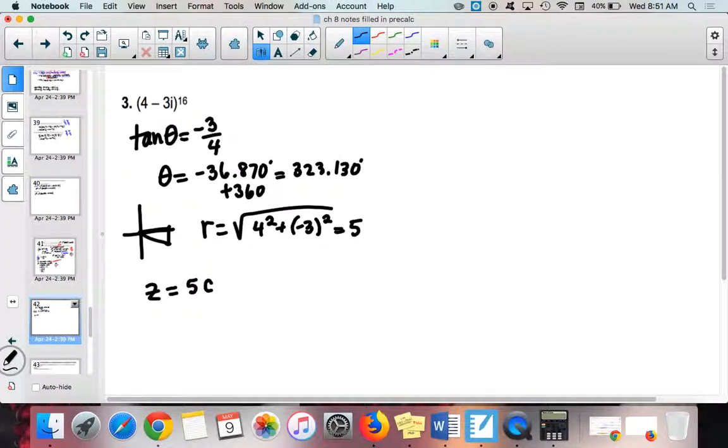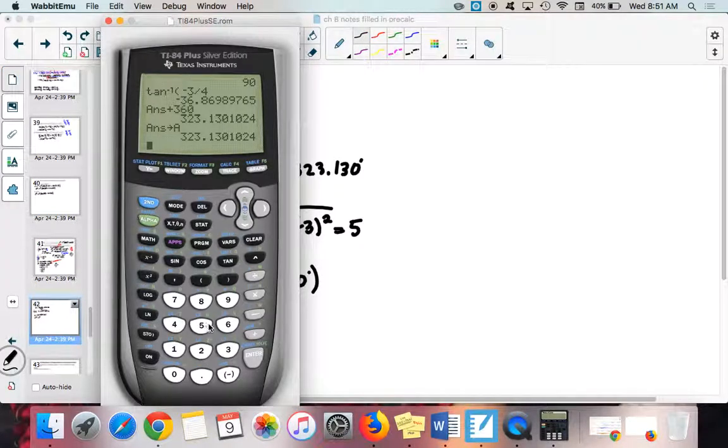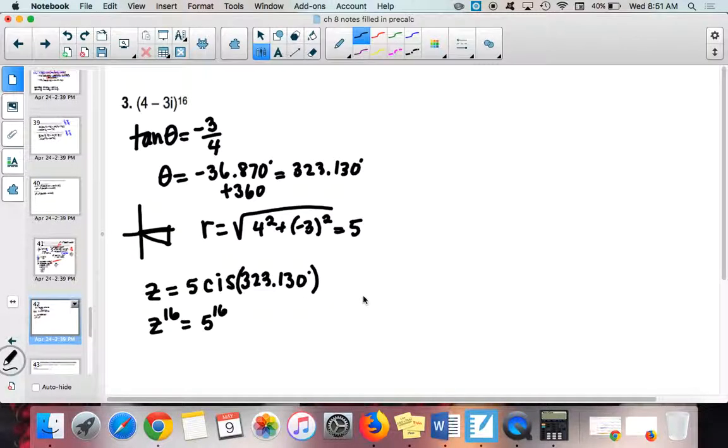If you want to write cis and then say 323.130, as long as you understand what's happening, it's the cosine plus i sine thing, you could do that. So if I do z to the 16th, I get the lovely 5 to the 16th, which is going to be huge. I wonder if my calculator can handle it. We'll see. Ah, that's really big. We're going to leave it as 5 to the 16th.